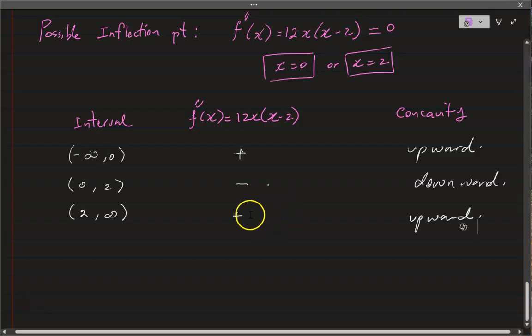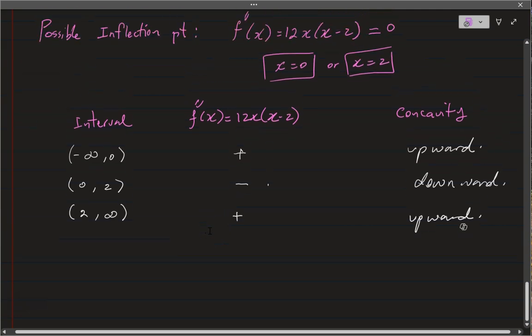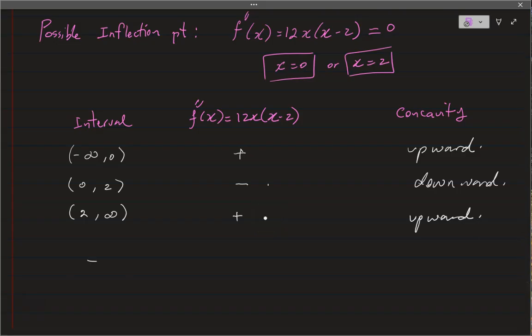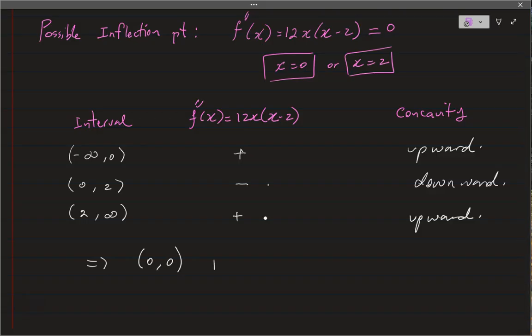And so what does that mean? That means that 0, 0 is a point of inflection because it changes direction. Notice that between negative infinity and 0 and between 0 and 2, the sign changes. So that implies that 0, 0 is a point of inflection.